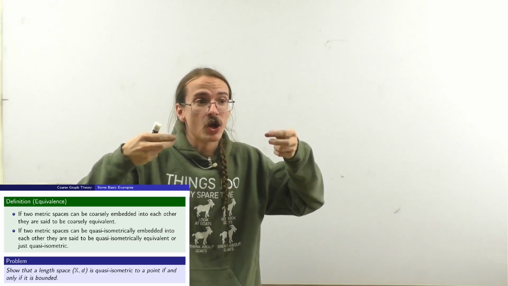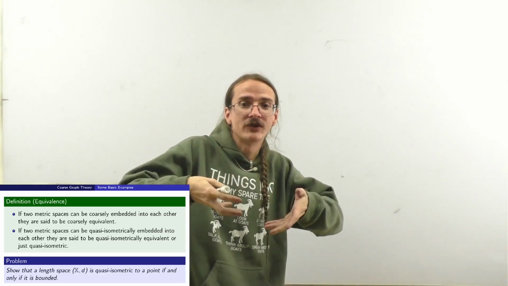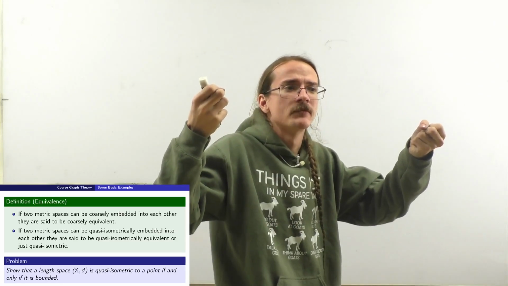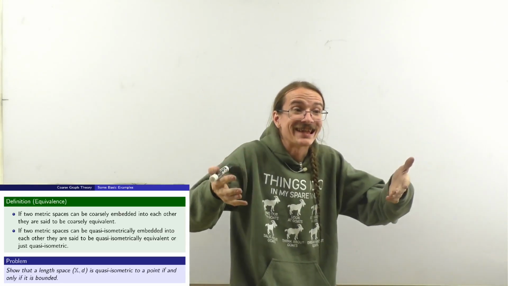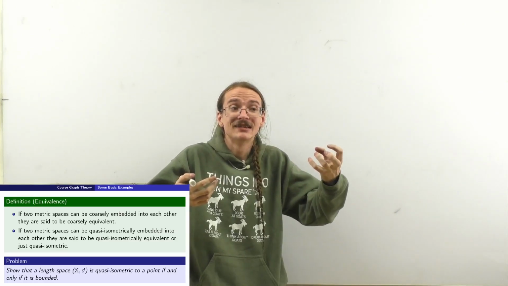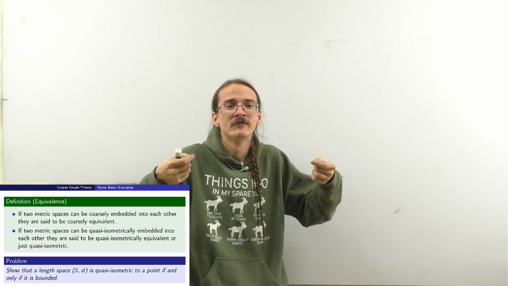Two things are our new relaxed version of equality, a point and a bounded space. That's basically the line I started this whole talk with. If it's finite, it's the same as nothing. Does that check out? Everybody sees the connection here?